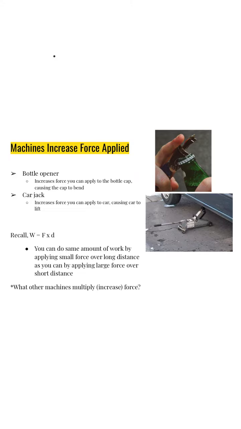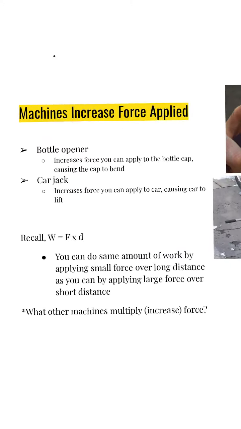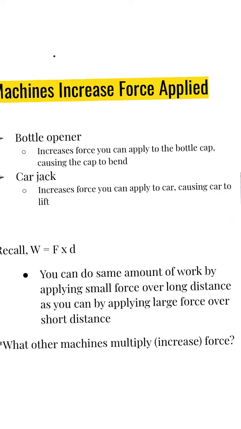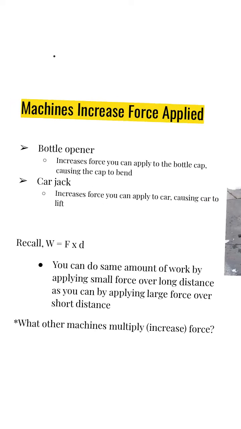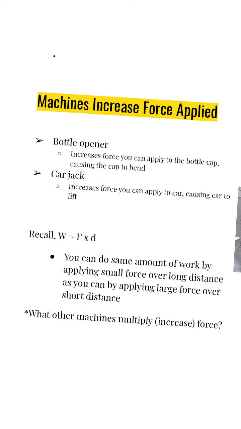So if you were to do the equation two different ways, I could do W equals small force over big distance. You can have the same amount of W if you use big force over small distance, small d.